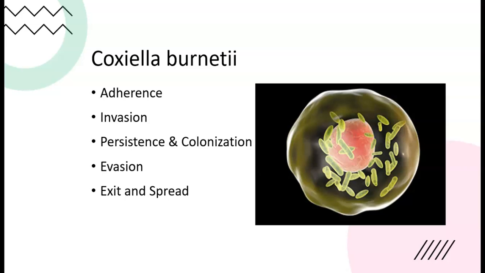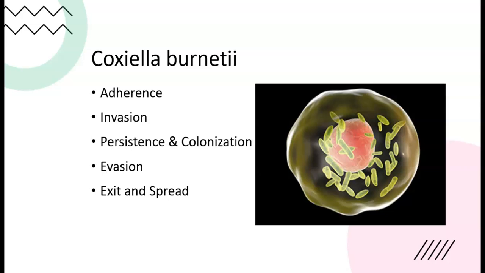Coxiella burnetii adheres to and enters host cells through receptor-mediated phagocytosis. The bacterium targets mononuclear phagocytes and can survive in macrophages by inhibiting lysosomal fusion. It penetrates the host barriers by exploiting the host's endocytic pathways.